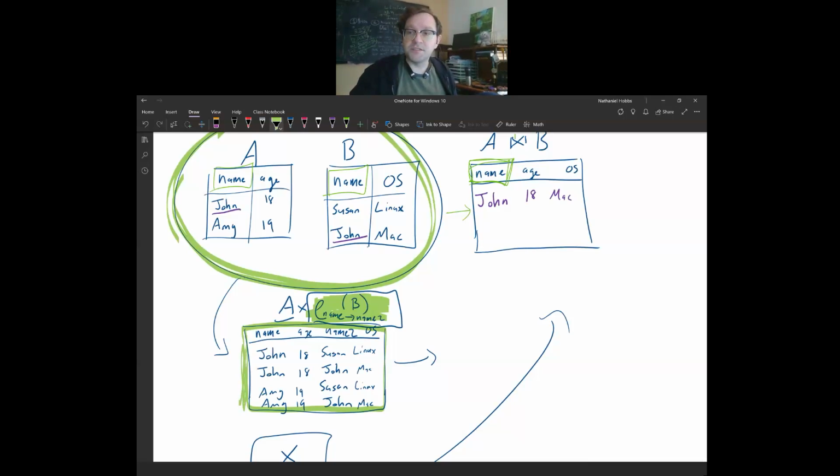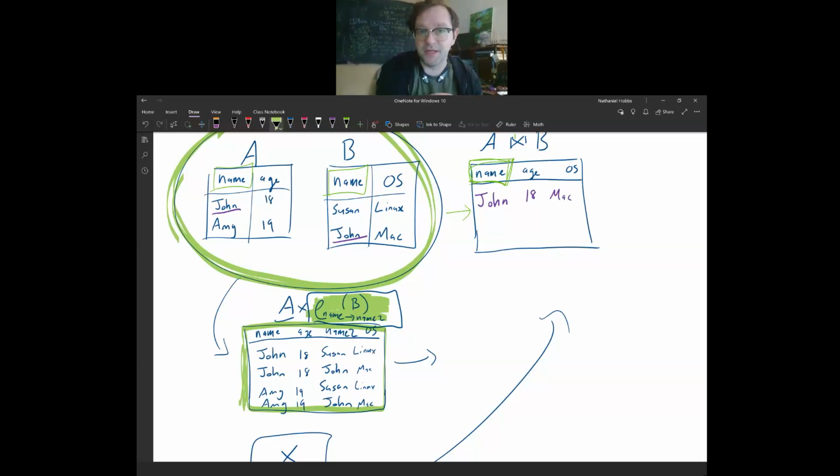Okay, so first of all, the reason for the cross product is because things that survive the natural join should be entries that exist both in table A and in table B. So if you find all possible pairings between relations A and B, then one, you get any possible combinations between the two.